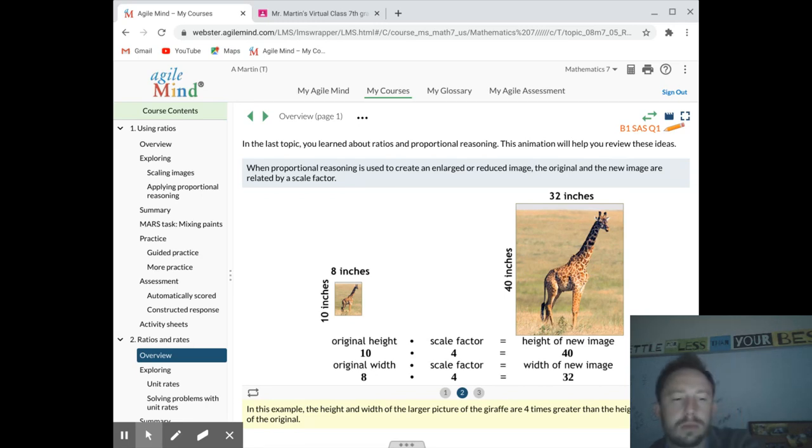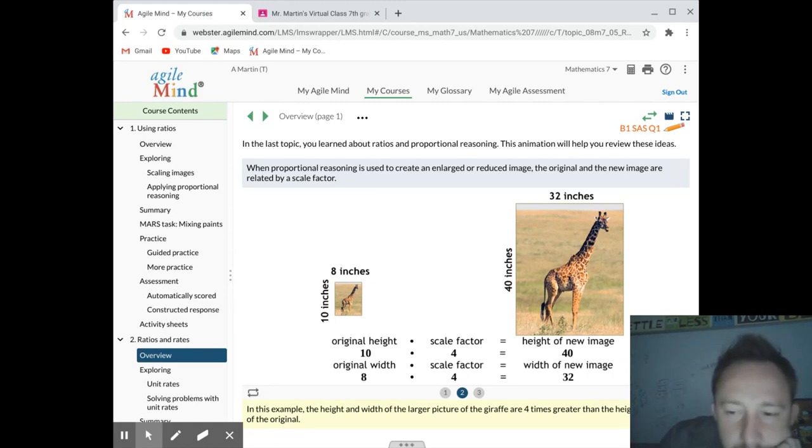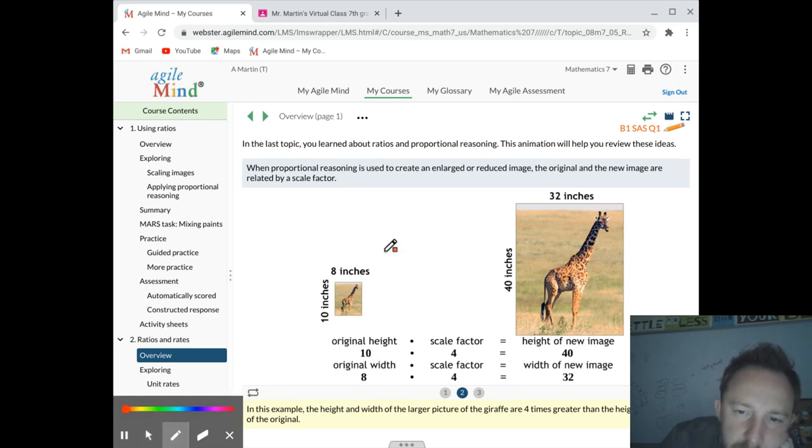It reduced. All right. So she thought that it reduced. Do we agree or disagree with her? Is this image right here a reduction of this image?